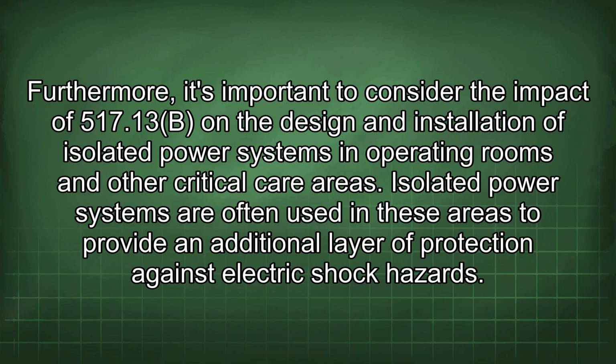Furthermore, it's important to consider the impact of 517.13(B) on the design and installation of isolated power systems in operating rooms and other critical care areas. Isolated power systems are often used in these areas to provide an additional layer of protection against electric shock hazards.